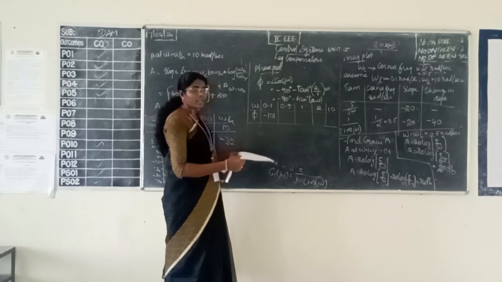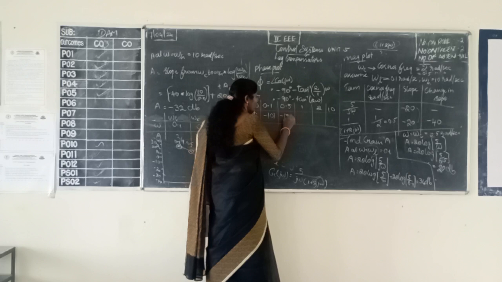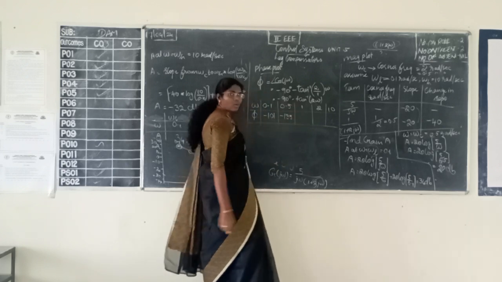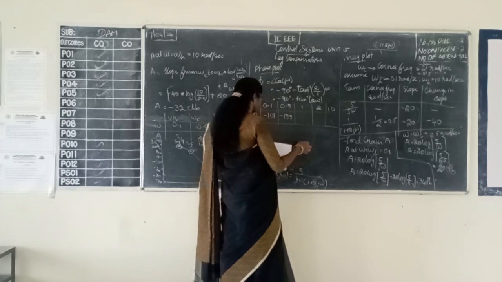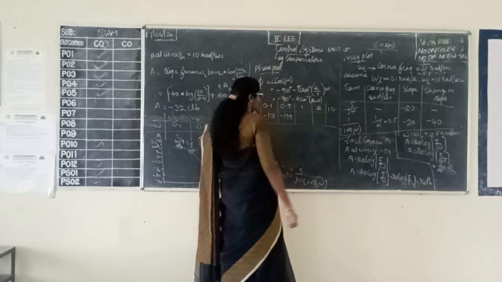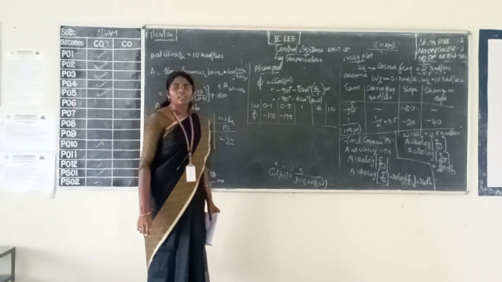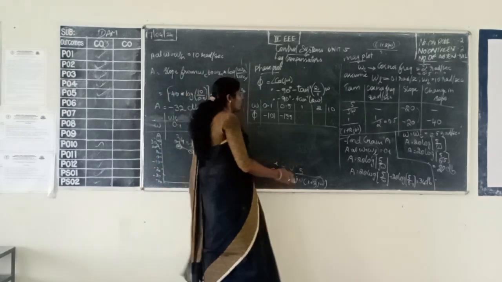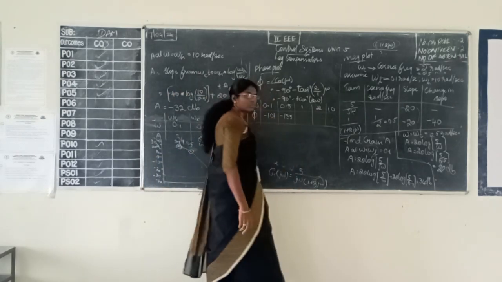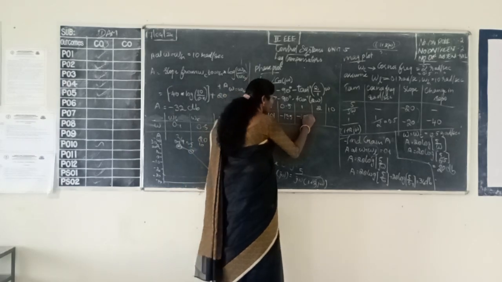Next, when it is 0.5, minus 135. When it is 1, minus 153.